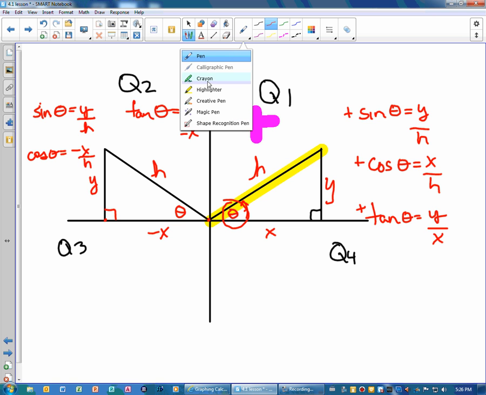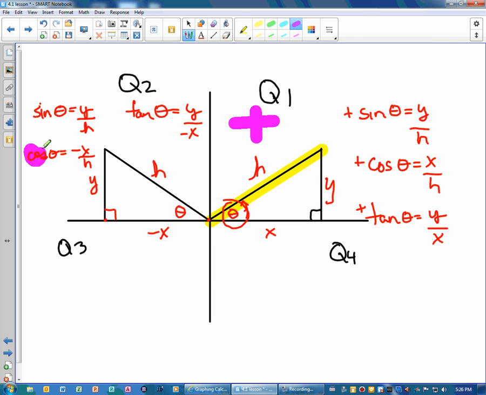So what's important in this second quadrant is that cosine is negative and tangent is negative. Look at sine though. Sine is still positive.